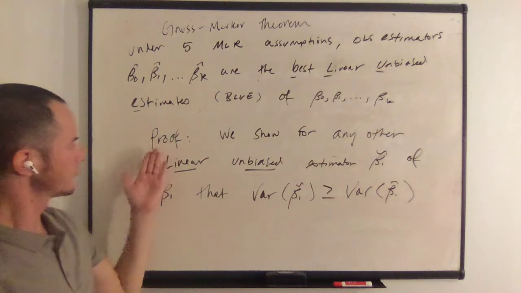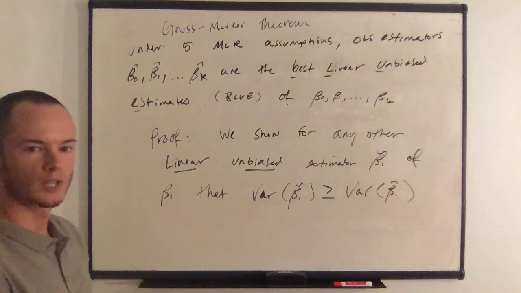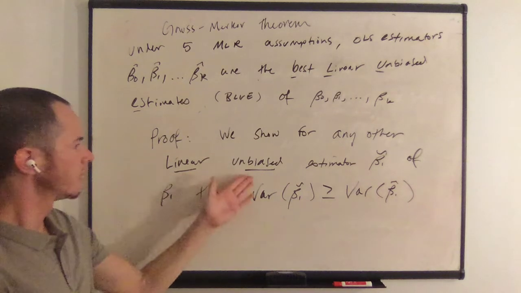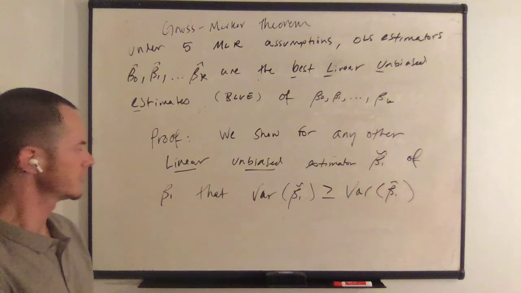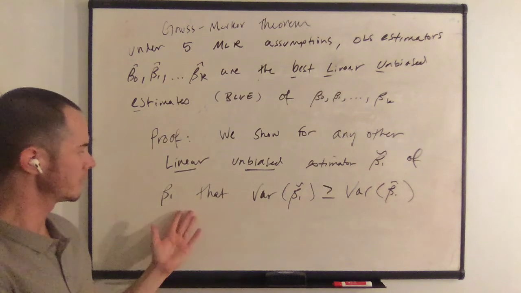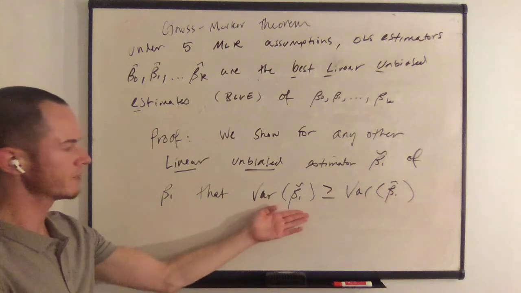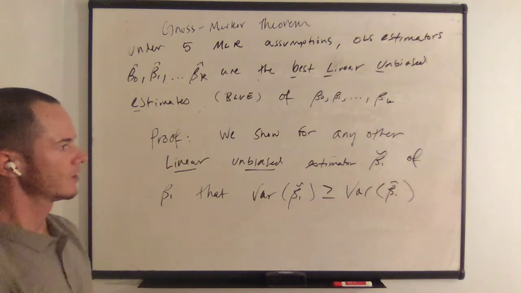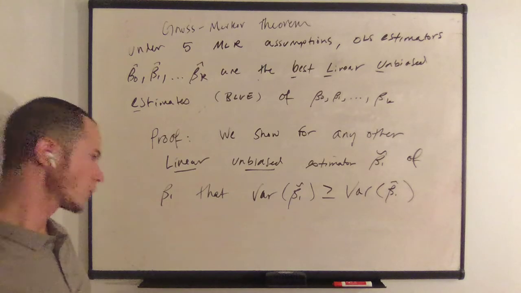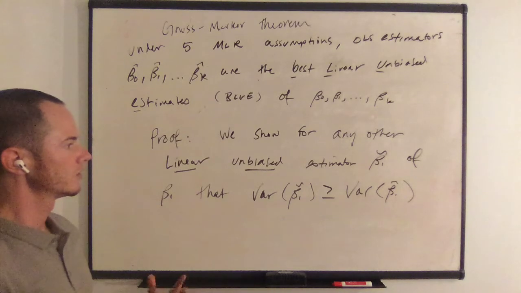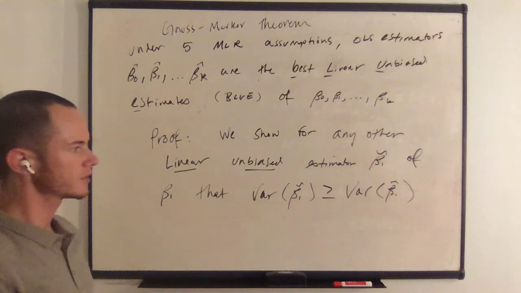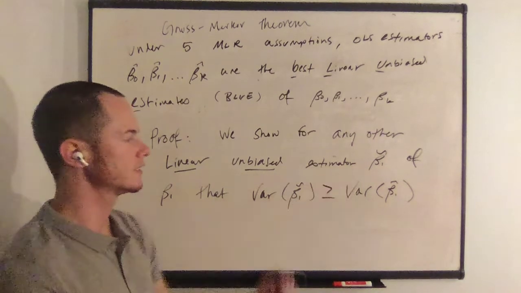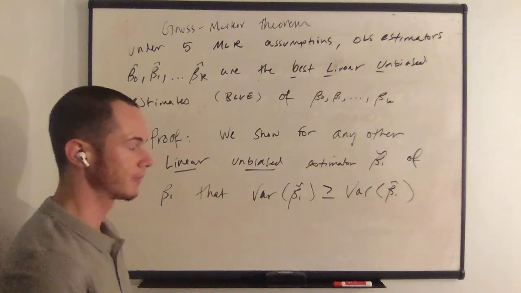So for our proof, we're going to show that for any other linear unbiased estimator of beta 1, beta 1 tilde, the variance of beta 1 tilde is greater than or equal to the variance of beta 1 hat. So the way we're going to set this up is we're going to walk through a few steps that come up with an estimator beta 1 tilde that is linear and unbiased.